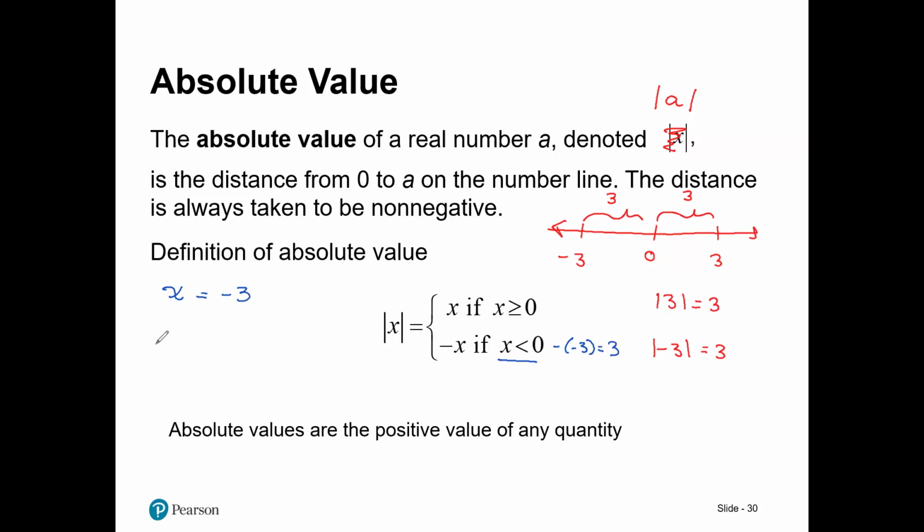I went too fast last time, sorry. If x was 5, then this would say, well, x is a positive number, so x stays 5. So basically it's ensuring that the number stays positive. The absolute values are positive for any quantity.